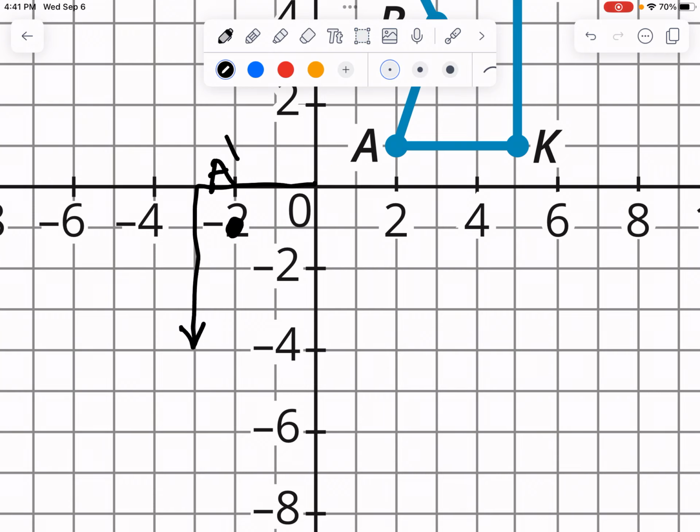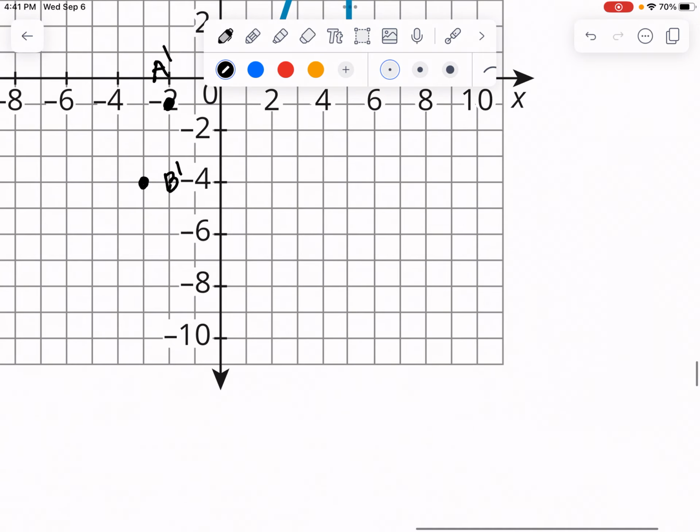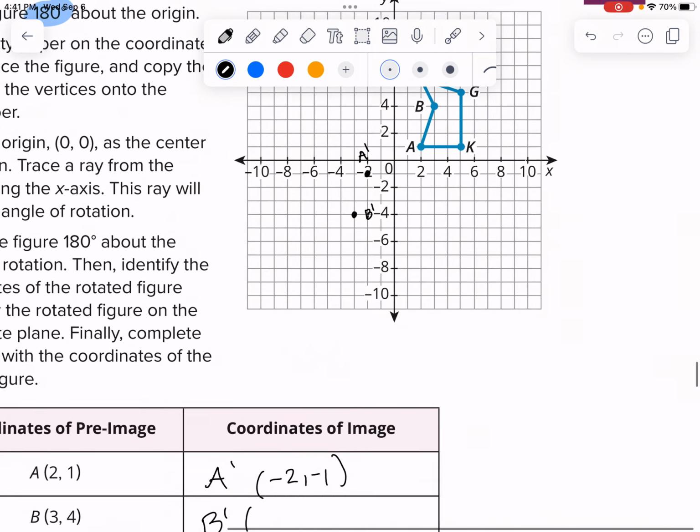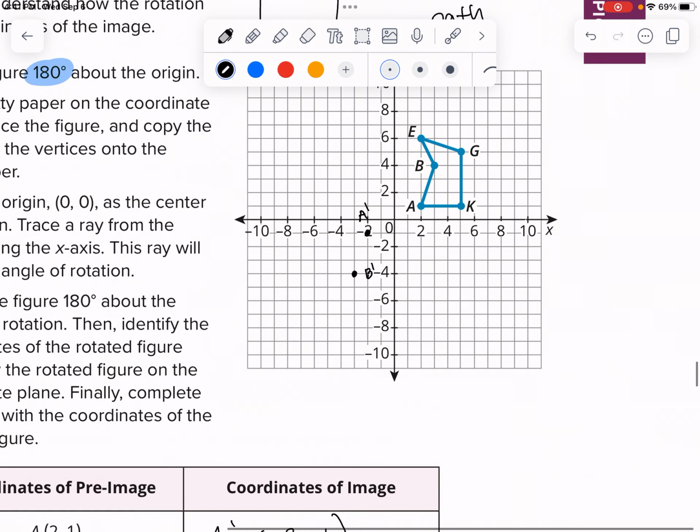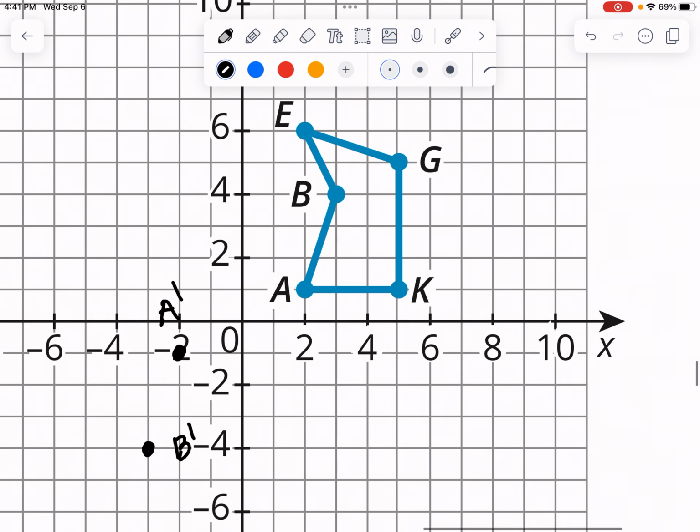So it is this point right here. I'm going to get rid of this path. Okay, so this is B prime. That coordinate is -3, -4, 3 to the left, 4 down. Since A connects to B, A prime will connect to B prime.